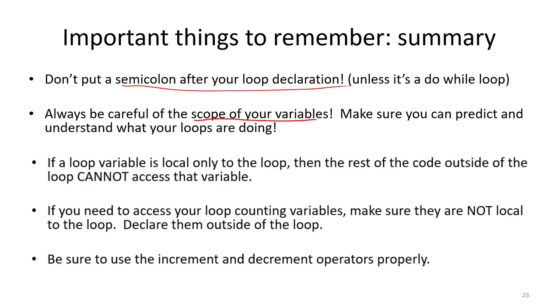Remember, scope is where variables exist, and as we learned, the scope of a variable is bounded by the curly braces where that variable was declared. So if we declare the variable in main, it exists in main. If we declare the variable inside a for loop, it will only exist in the for loop. So be careful that you don't try to access or manipulate variables outside their scope or outside the area where they exist.